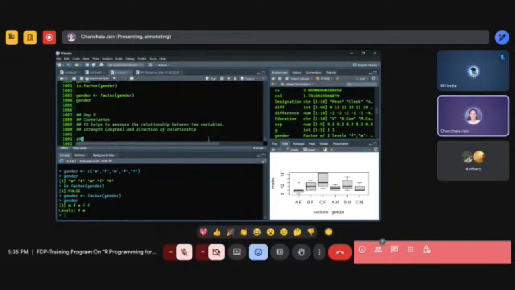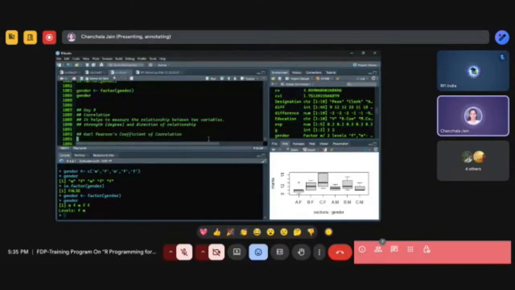When we talk about how to measure correlation, there is a very famous statistical tool known as Pearson's coefficient of correlation. Generally we use it to measure the relationship between two numeric variables.